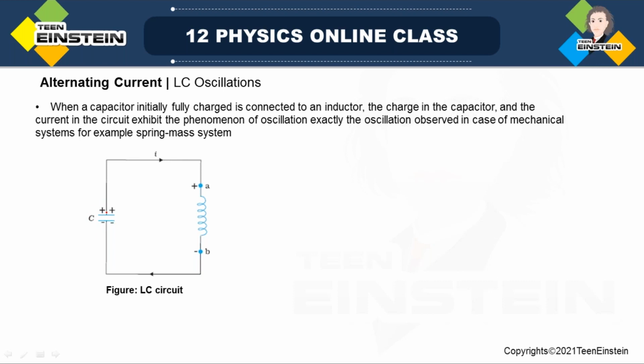The capacitor will discharge, and during that process the capacitor will send a current through the circuit. When a current is flowing in the inductor, and if that current varies, you look here, initially suppose it was 100 microcoulomb charge when it was fully charged.